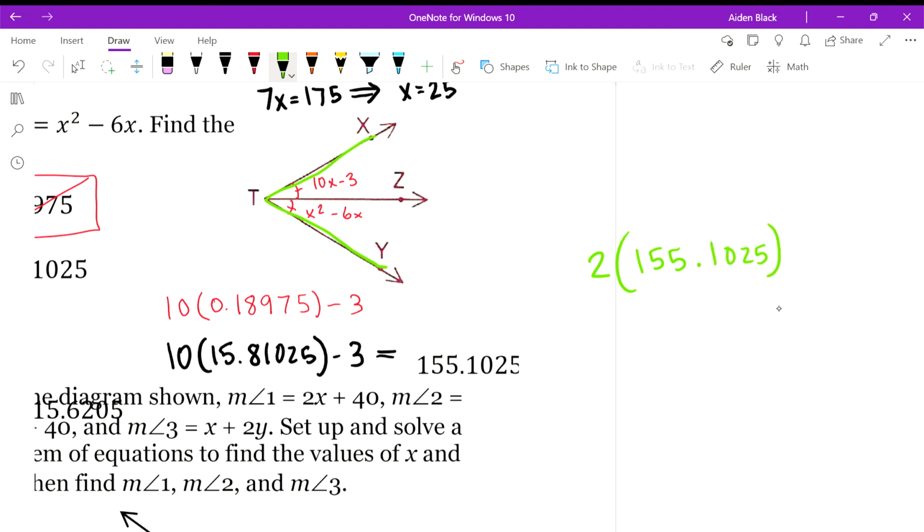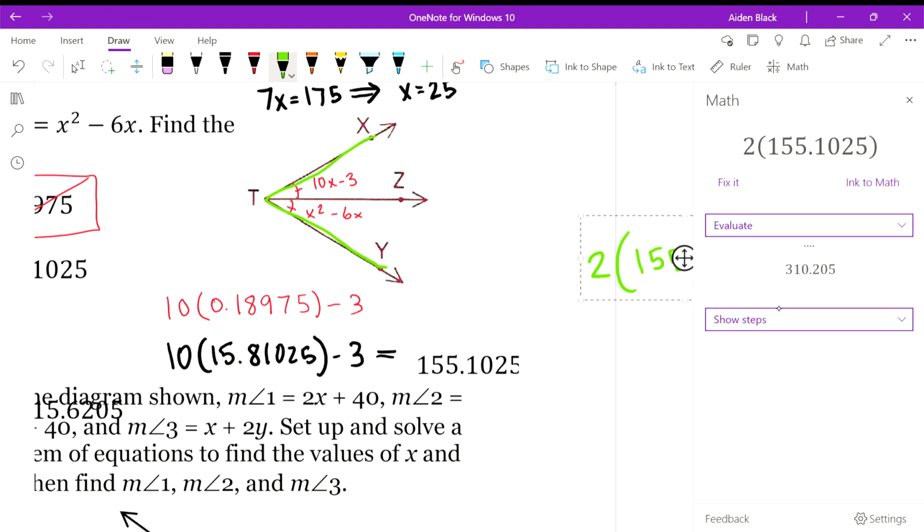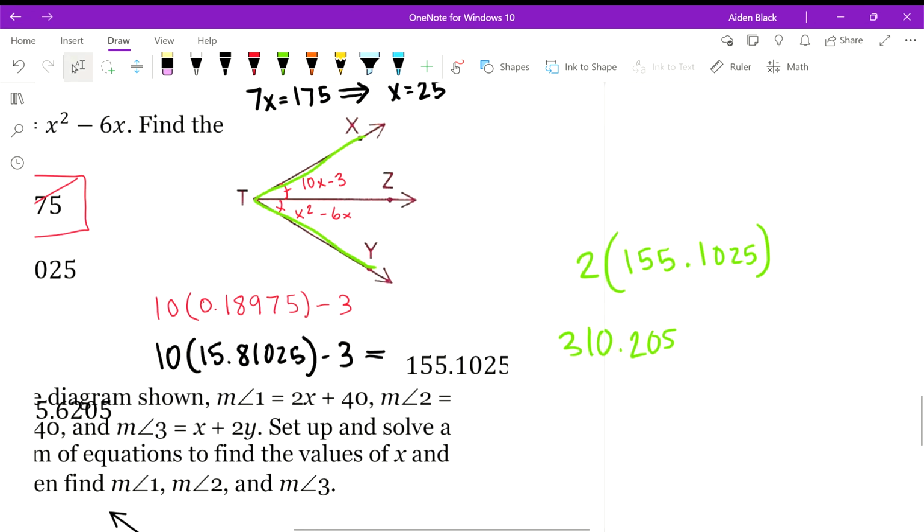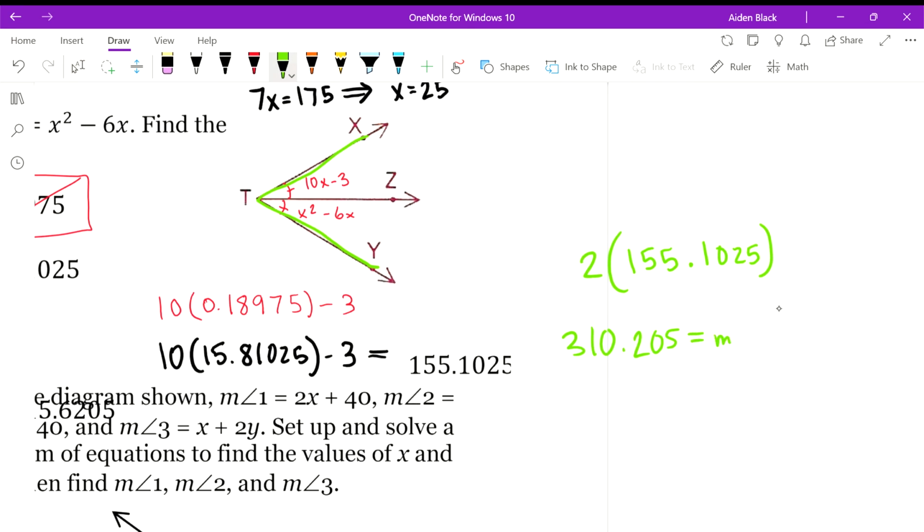We should multiply it by 2. 310.205. Okay, so that is the measure of angle XTY.